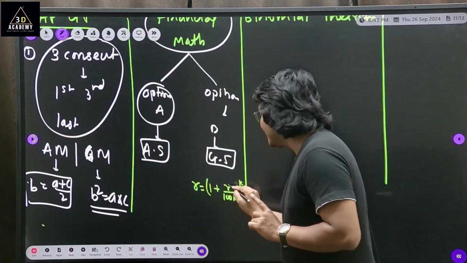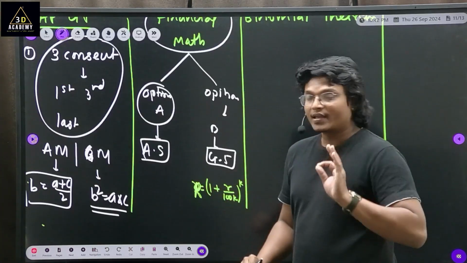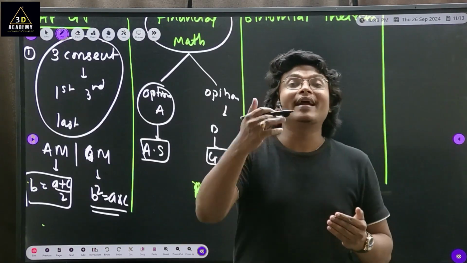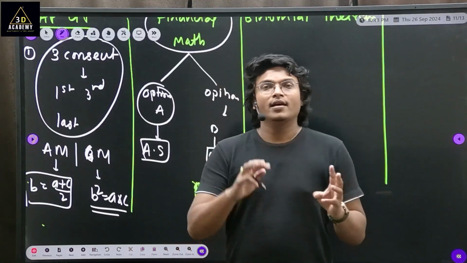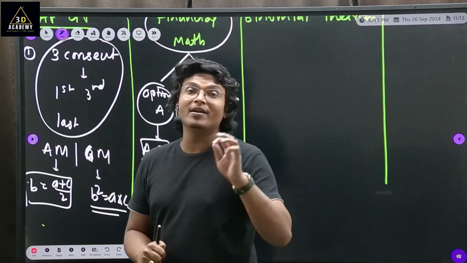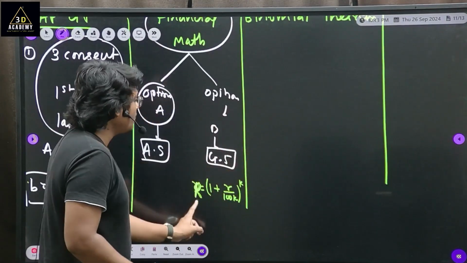Now don't get confused between this r and this r, let me make it capital R. This is our common ratio. Getting it? k is nothing but how many times a year you are going to earn the interest. Let's say if it says compounding thrice in a year, it means you will have to take the value of k as 3. If it says compounding semi-annually, you'll have to take the value of k as 2. So this is the formula for the common ratio.